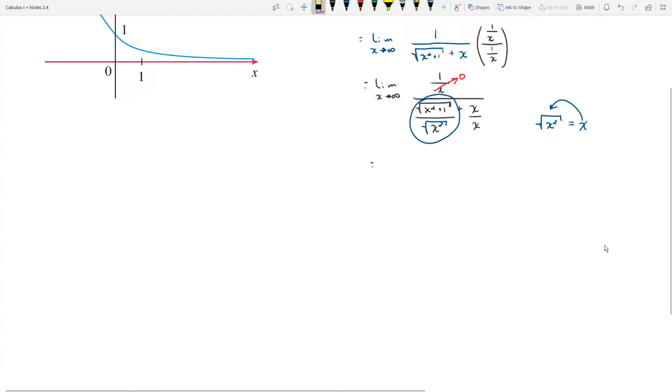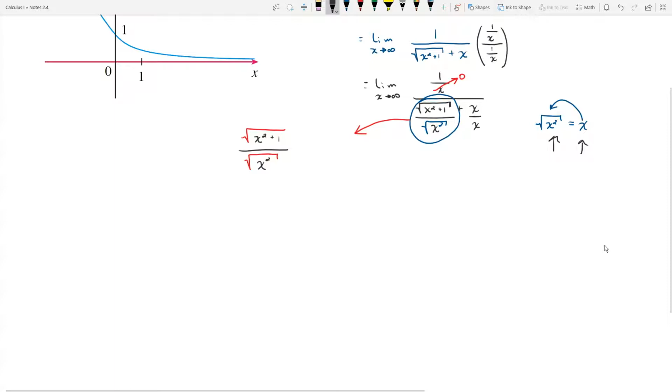And I'm just going to show you what we're going to do with this. We already know that our limit as x approaches infinity is 0. But I really want to show this. So if we have the square root of x squared plus 1 divided by the square root of x squared, because we're saying that x is equal to the square root of x squared. So what we've done is we've just changed the look.